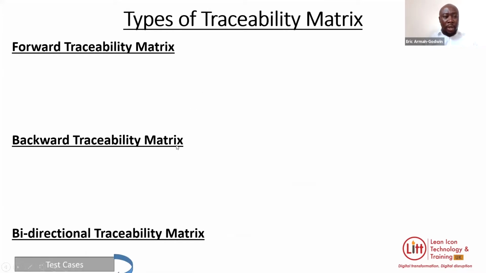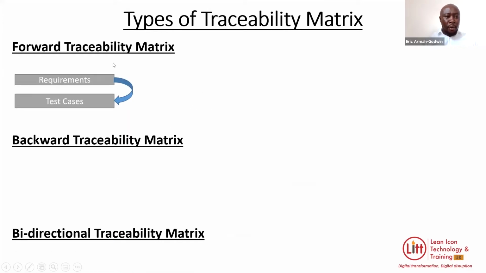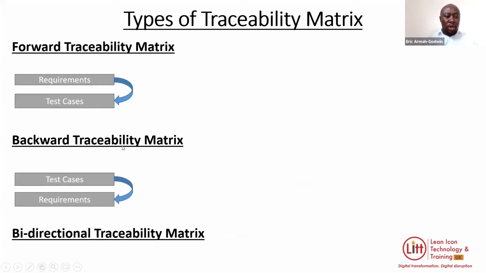The difference is that forward traceability maps requirements to test cases, whereas backward traceability maps test cases to requirements.